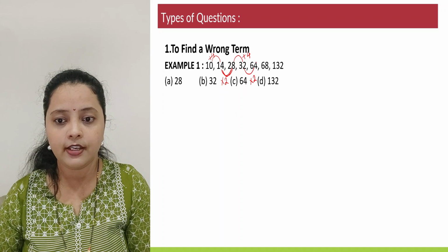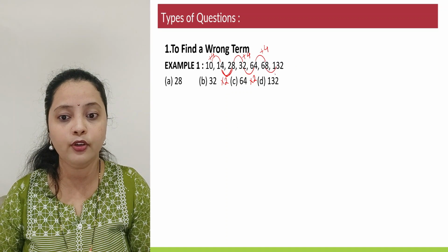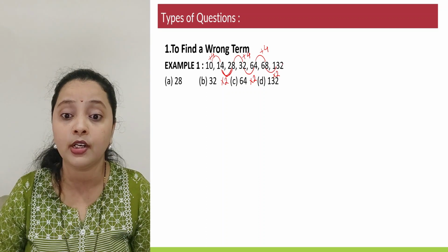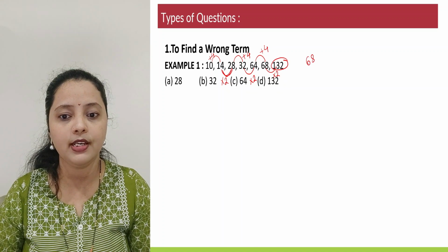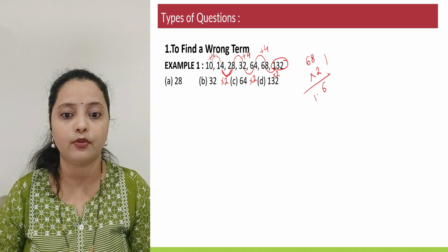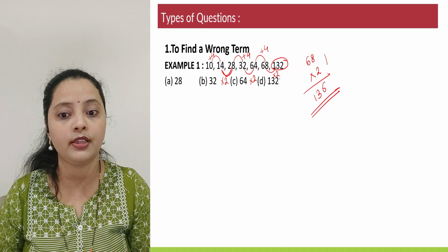Next part, 64 plus 4 gives me 68, and then 68 into 2. But I know 8 into 2 is 16, and this number is 132 ending in 2. That means there's some problem with 132. So actually the number had to be 68 into 2, since 2 into 8 is 16, so the number had to be 136, but they have given it as 132.